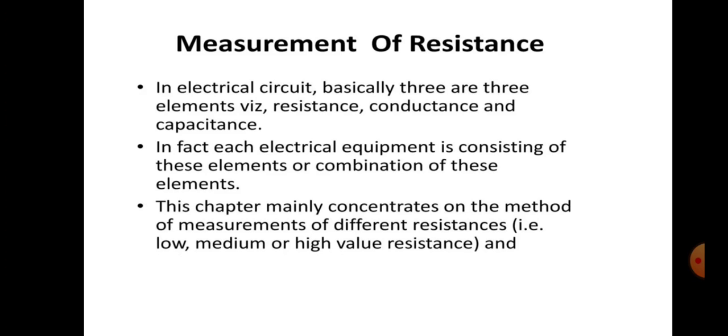Resistance, conductance and capacitance are the different components which can be combined to form a particular circuit. In fact, each electrical equipment consists of these elements or a combination of these elements. So this chapter mainly concentrates on the methods of measurement of different resistances. Okay, as the name of the chapter itself tells us, it is all about the measurement of resistance.